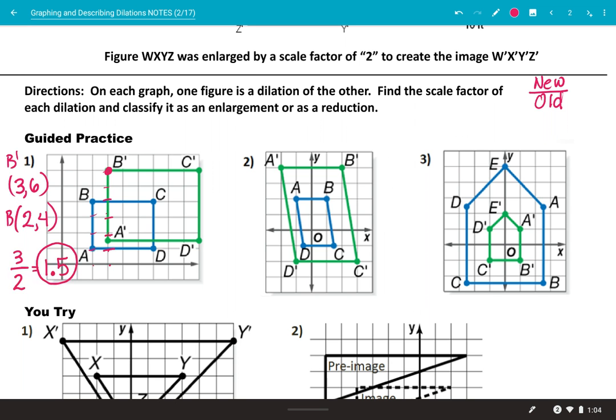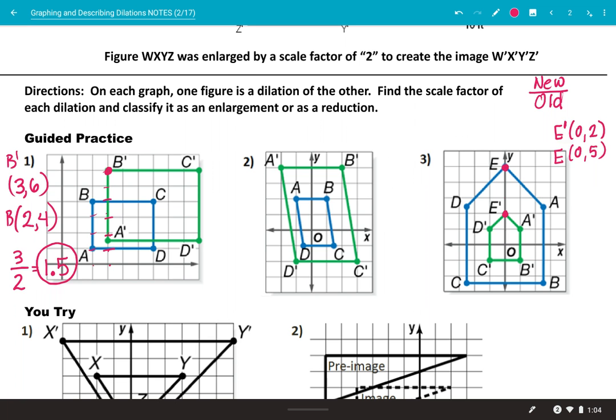Now let's do another one. I'm just going to go to number 3 and pick an easy one. I'm going to take my new one, E prime, which is 0, 2. The original E is 0, 5.